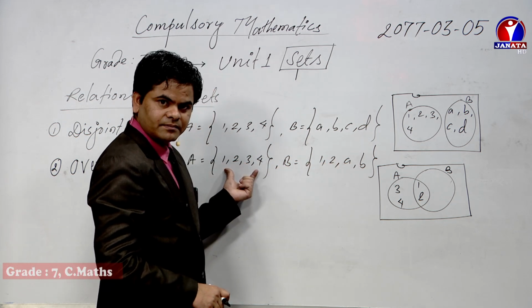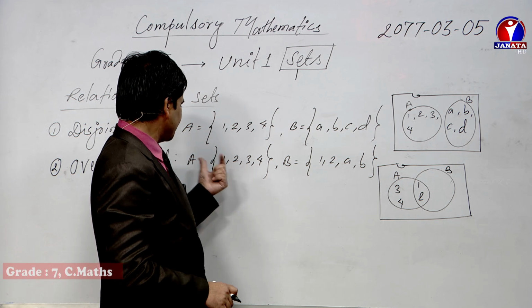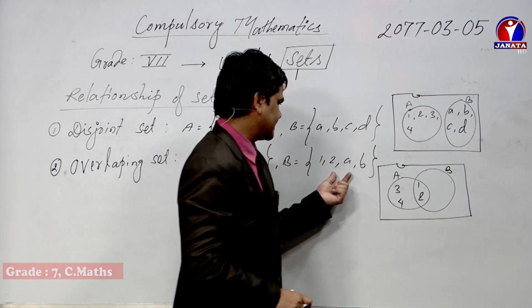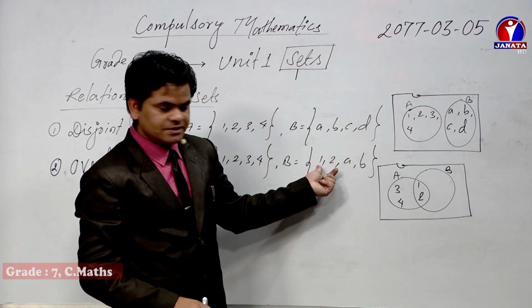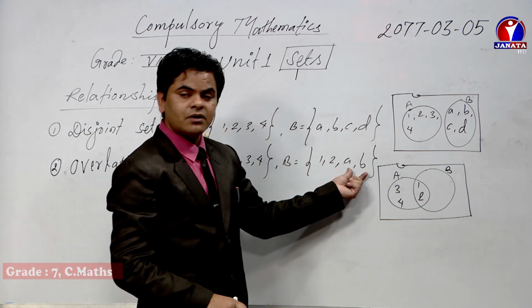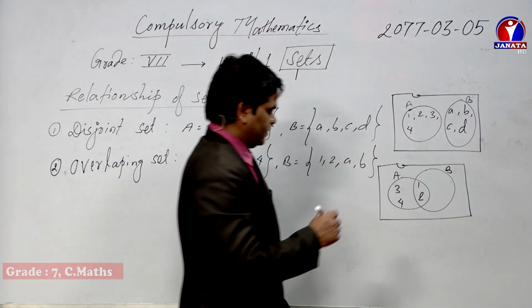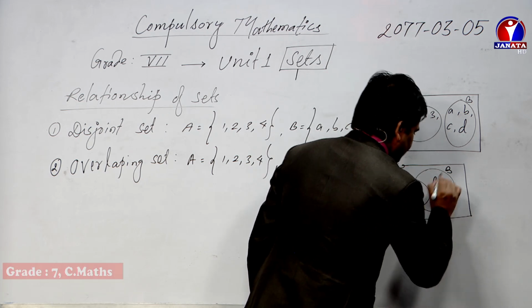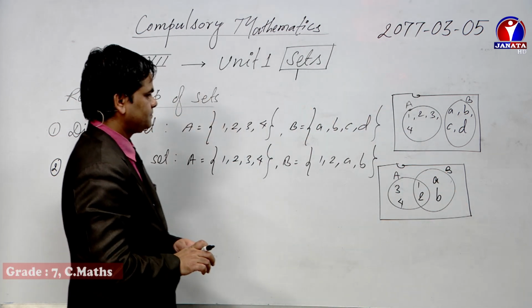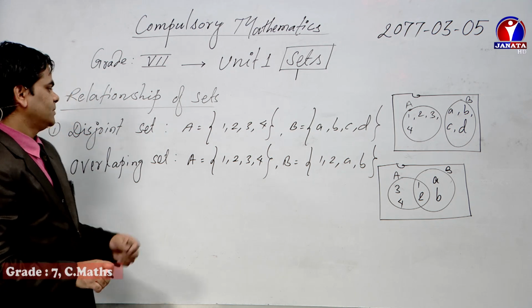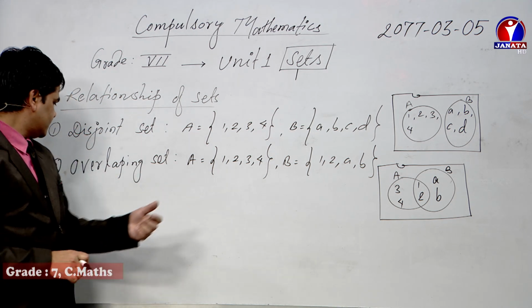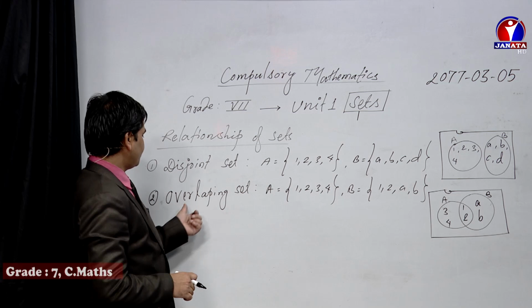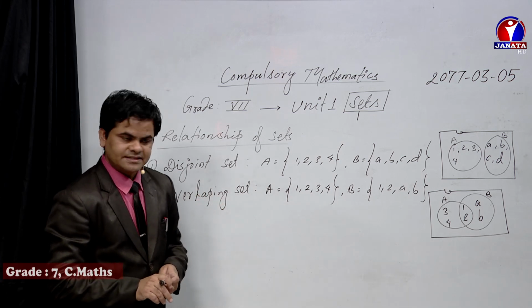We have completed plotting the information of A set. Now let's go to B set. 1, 2 we have already kept in the common area. Now it's the turn of the remaining elements of B. So this is the way of representing the information of overlapping or intersected sets.